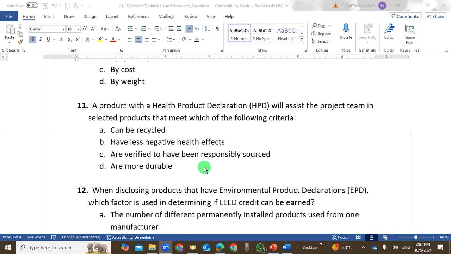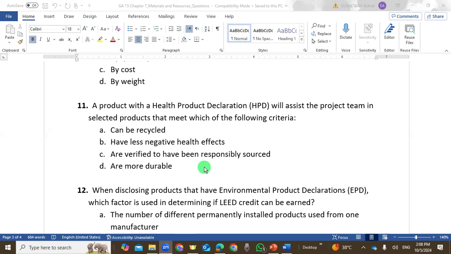If I select a product that has an HPD, it will help the project team meet the following criteria.